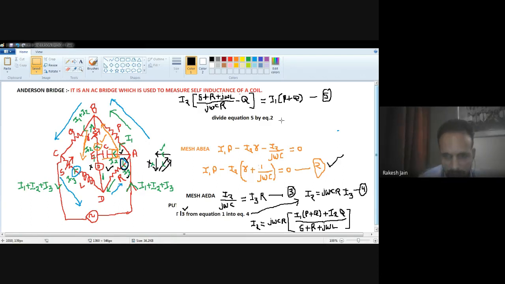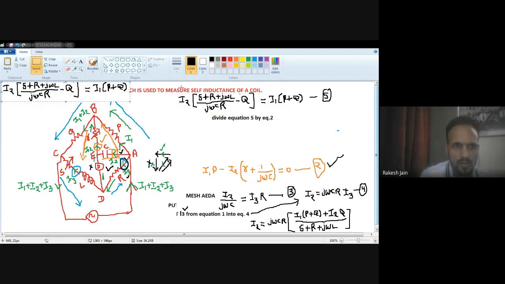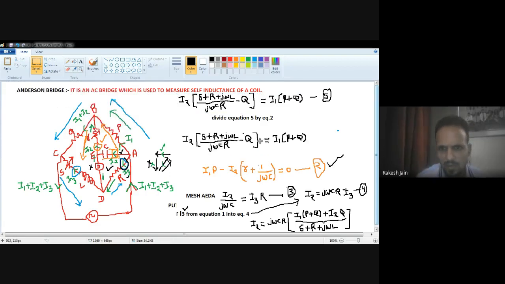Now see what will happen. So I just copy first of all equation 5, in which I want to do the division. This is I2(s + r).